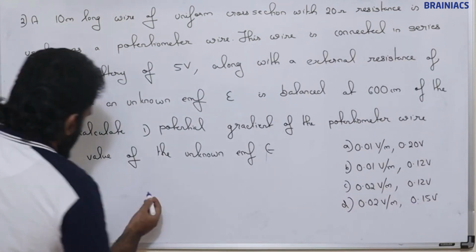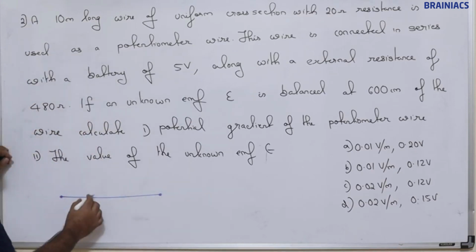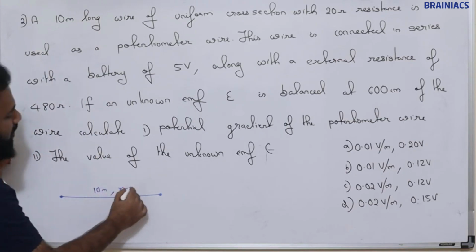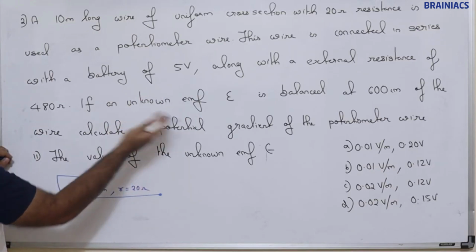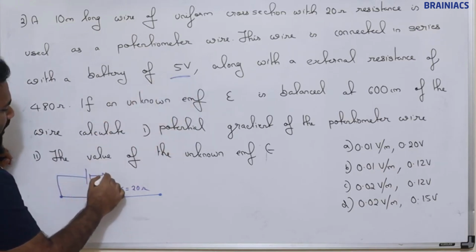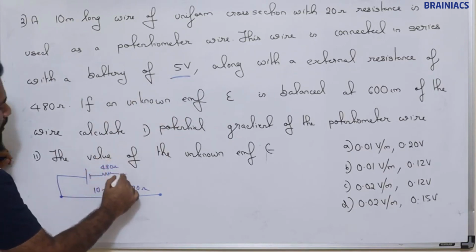So this potentiometer wire, its length is how much? 10 meter, and its resistance is given as 20 ohm. Then a battery which is nothing but driving cell only. Unknown EMF is the other one. This is driving cell, and this resistance, rheostat resistance, is also given as 480 ohm.